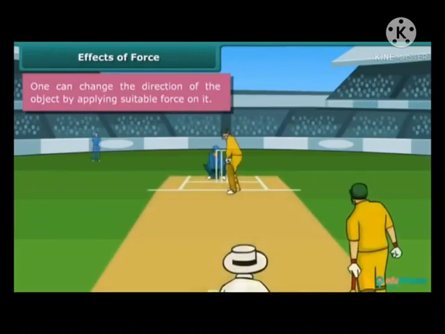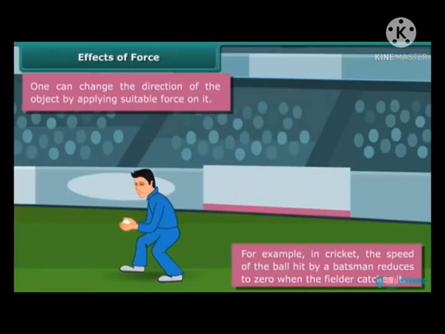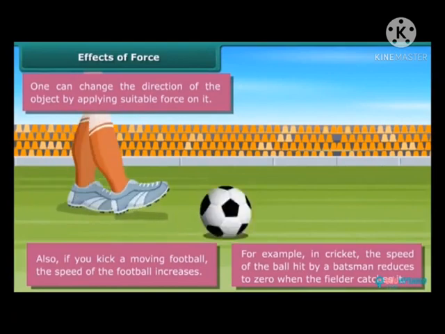Effects of force. One can change the direction of the object by applying suitable force on it. For example, in cricket, the speed of the ball hit by a batsman reduces to 0 when the fielder catches it. Also, if you kick a moving football, the speed of the football increases. Kinds of force.